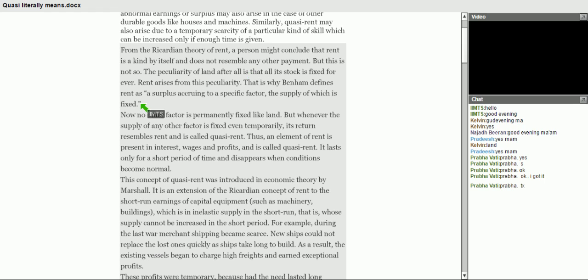That is why Benham defines rent as a surplus accruing to a specific factor, the supply of which is fixed. The nature of the land is that it is fixed by nature. It cannot be varied. On account of this, we have to pay the rent on the land to its owner, and this is covered in the Ricardian theory of rent.